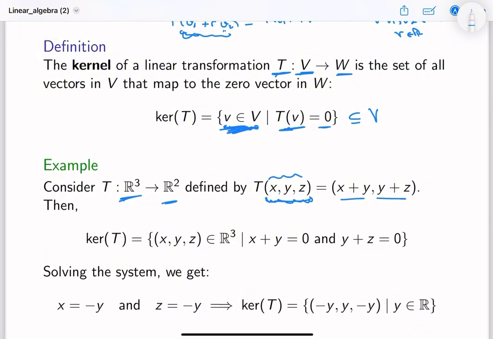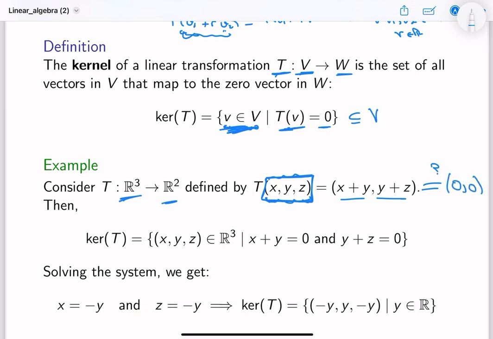Well, the kernel is the set of all vectors that get mapped to 0. But what are vectors in the domain? Vectors in the domain are of this form. So we're asking what vectors of the domain get mapped to 0, meaning that this should be 0, 0.